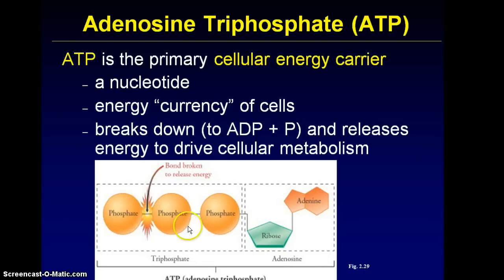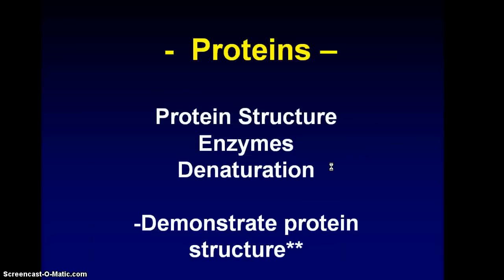In order to release the energy from this molecule, one of the 3 phosphates from the adenosine triphosphate gets broken off, and as that bond gets broken, energy from that bond is released that the body can harvest and use. As a result of breaking that bond, you end up with an ADP molecule and a free phosphate which has been released.